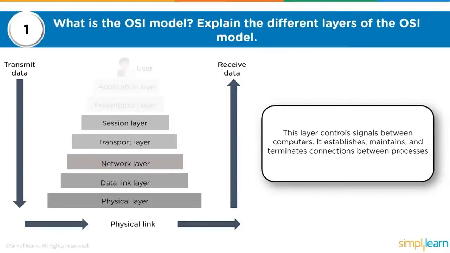This controls signals between the computers. It establishes, maintains, and terminates connections between processes. So in the transport layer, we talked about TCP and UDP. UDP, being a connectionless protocol, transmits data without verifying whether the receiver received it or not. Whereas TCP, we studied, is more of a reliable protocol.